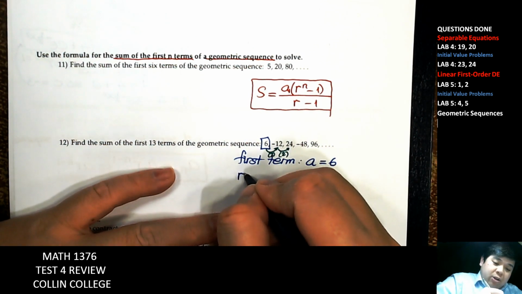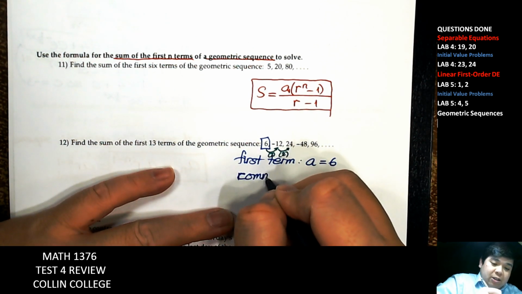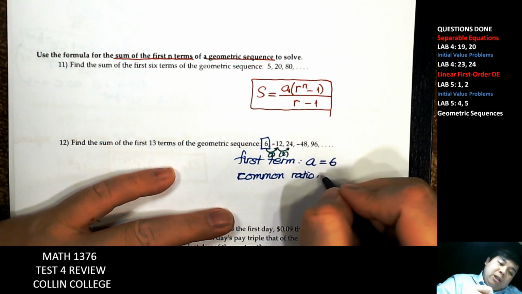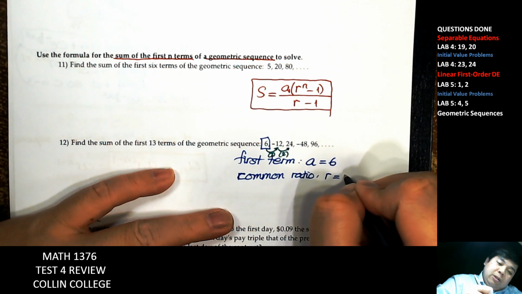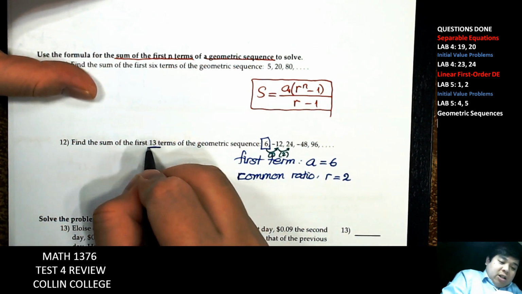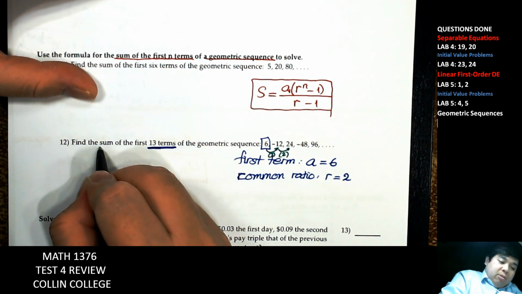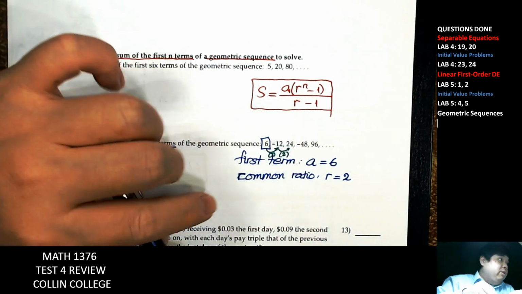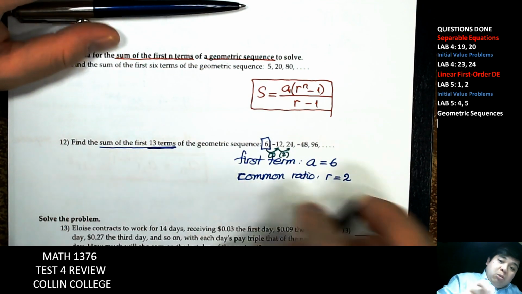So the common ratio, I should spell it out. And then this one wants the sum of the first 13 terms.